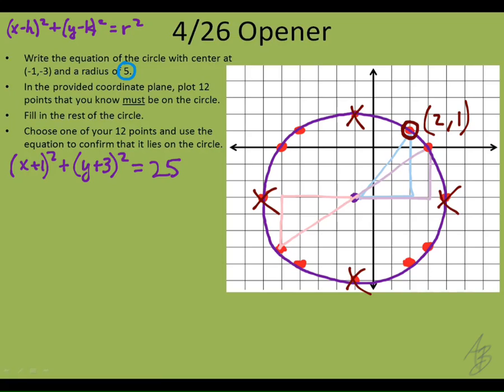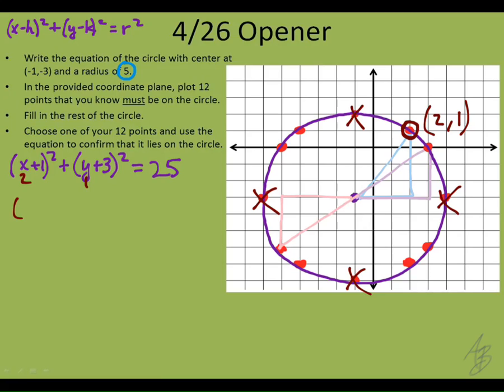Who thinks they know how we could confirm that that point is on that circle? Let's use the equation. We have the equation of the circle here. We can put 2 in for x here. We can put 1 in for y here and see if we get a valid equation, get something that's true.